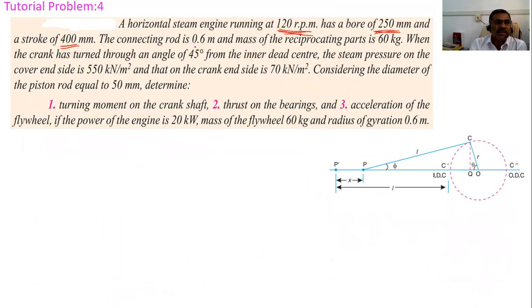The connecting rod is 0.6 meters. The mass of the reciprocating parts, the piston, is 60 kg. Here P1 is also given, P2 also given, and the piston rod diameter. From this, you can find the value of A1.